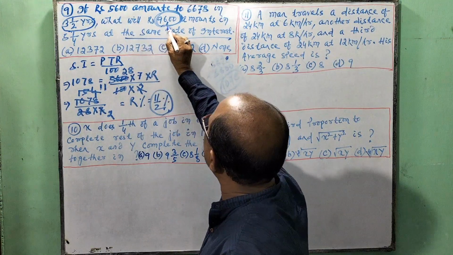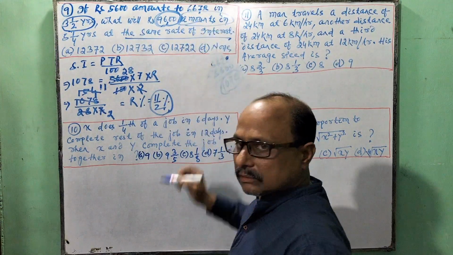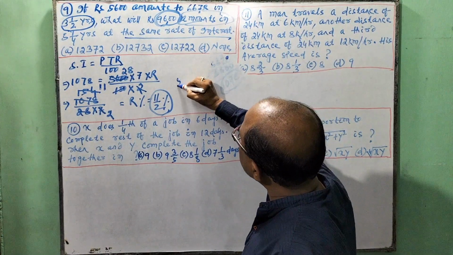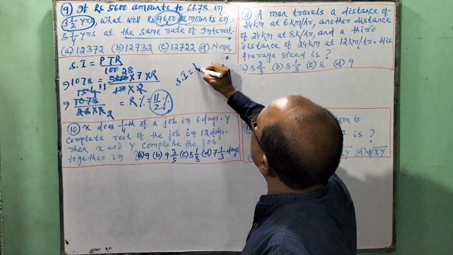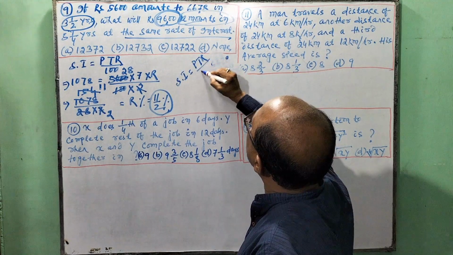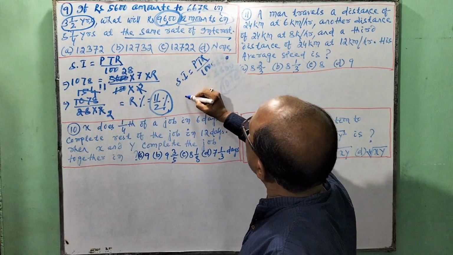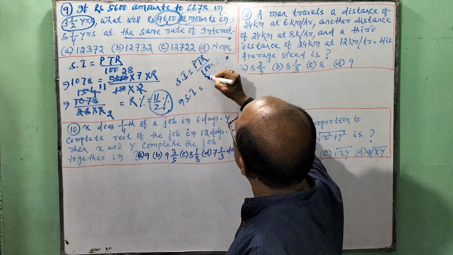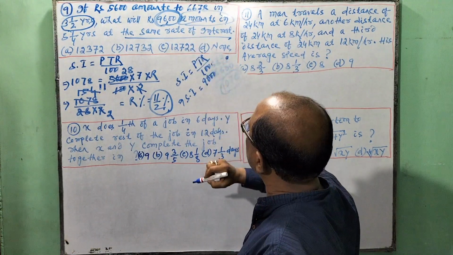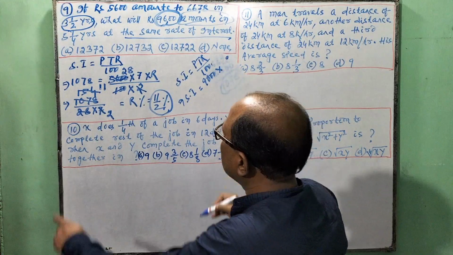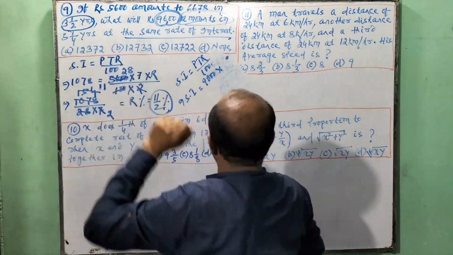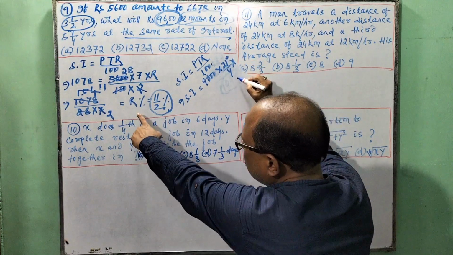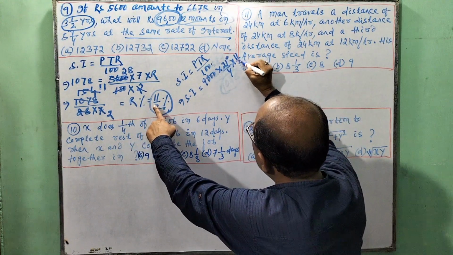So SI is equal to PTR by 100. Here P is 9,600, T is 21 by 4, and R we found is 11 by 2, into 100.